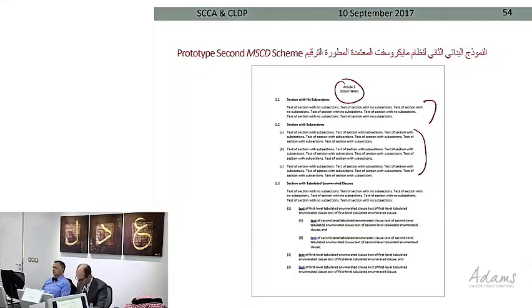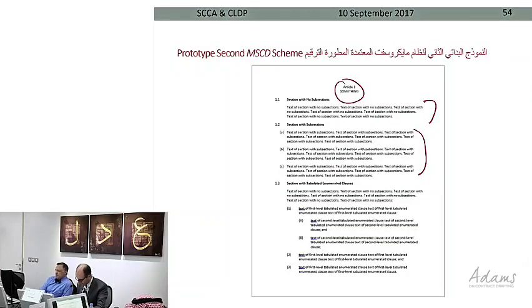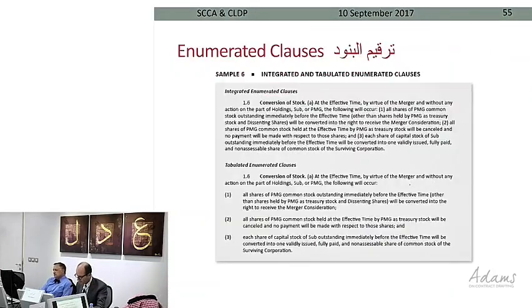But this slide is about enumerated clauses. These are all enumerated clauses. Enumerated clauses are different from sections and subsections because enumerated clauses are inside one sentence. And you use enumerated clauses when you have a sentence that includes a number of separate but parallel ideas.